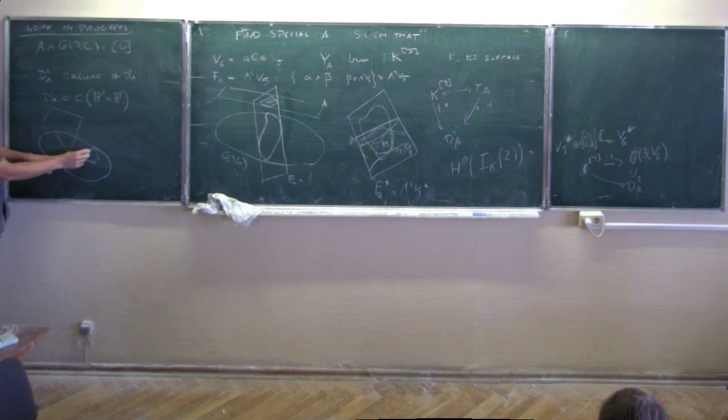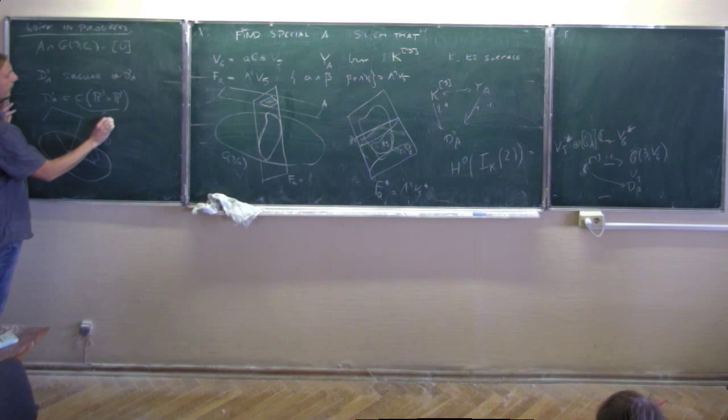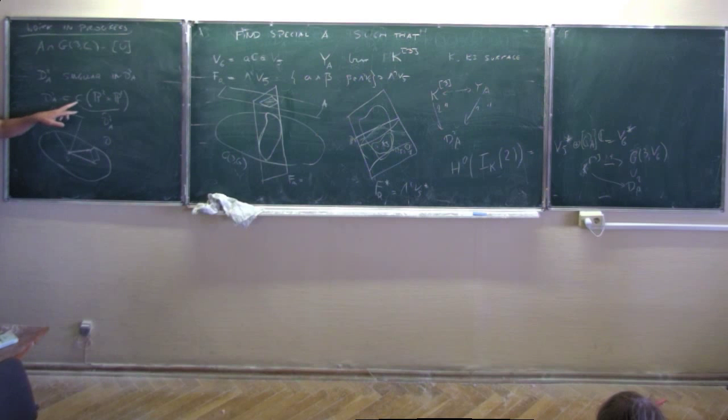And any tangent at any point of this cone passes through this vertex, because any tangent contains this line. So this whole cone is contained in D1A, and it meets D2A in the hypersurface of degree 4.